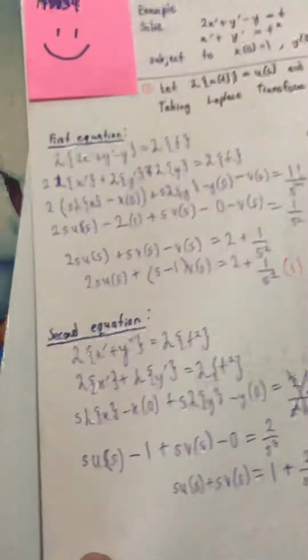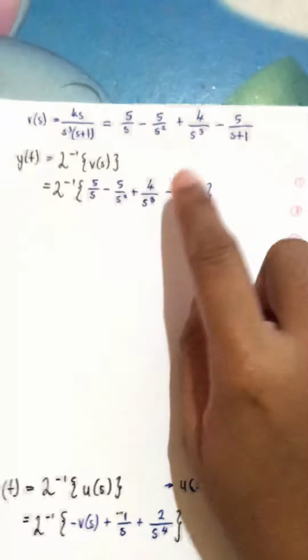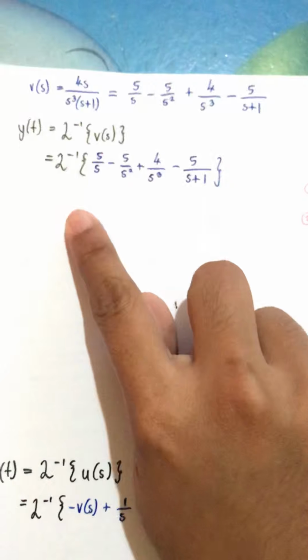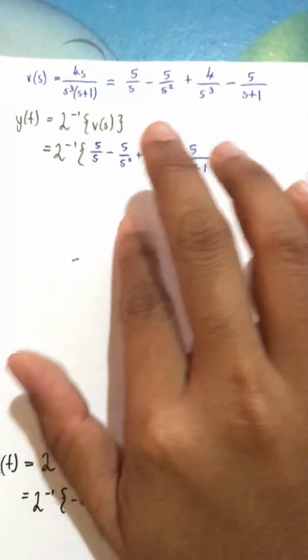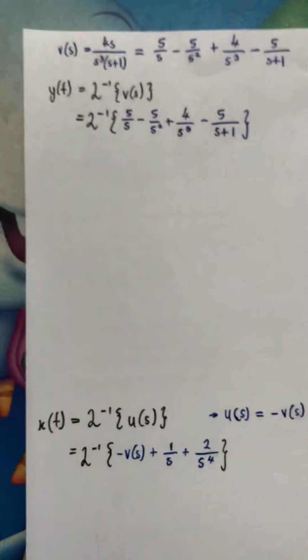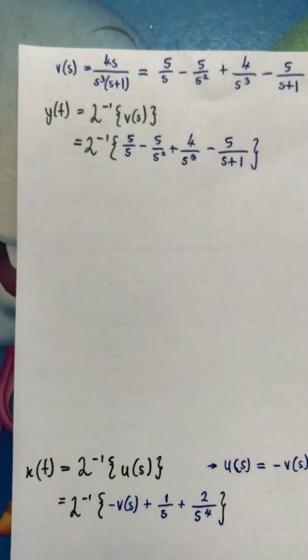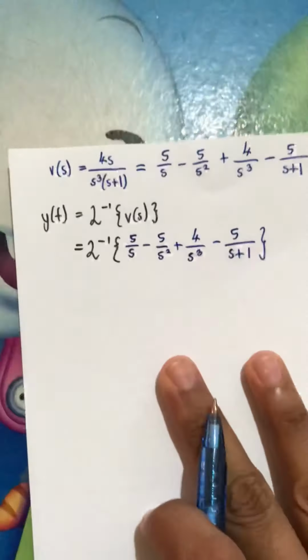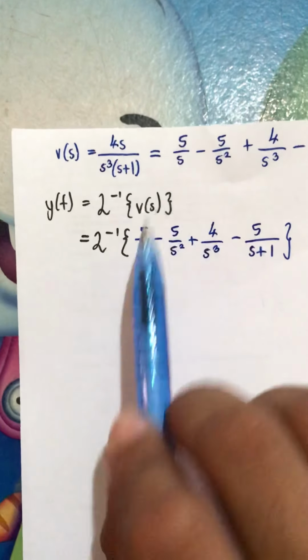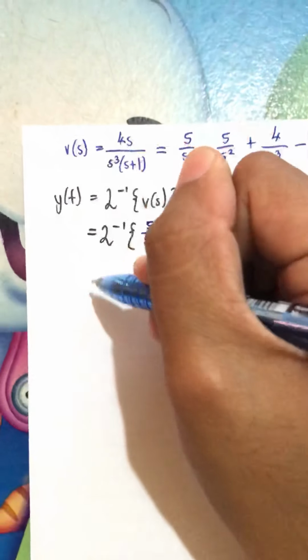So the next step is, after we find our Vs, simplify Vs using partial fraction. So we just take the inverse of Laplace transform to find Vt. Here we take the inverse Laplace transform of Vs, and this part we can separate.